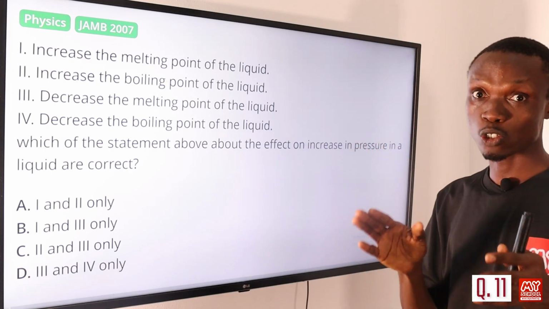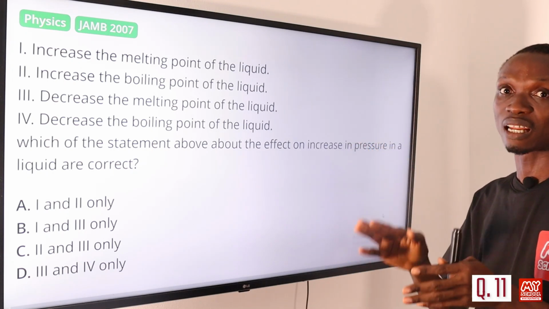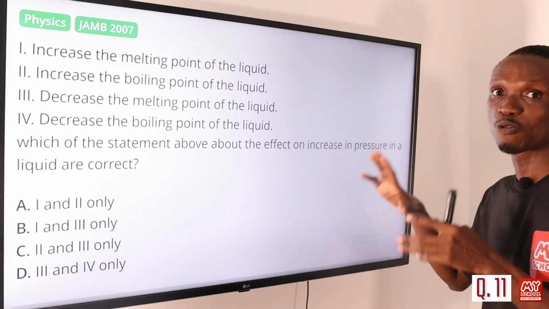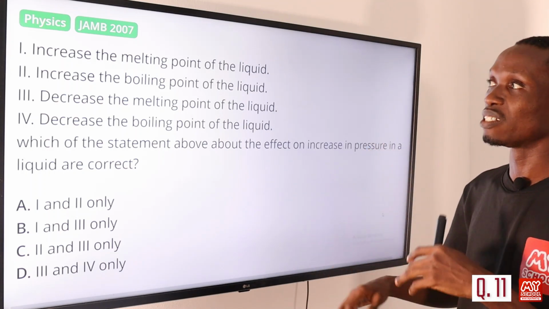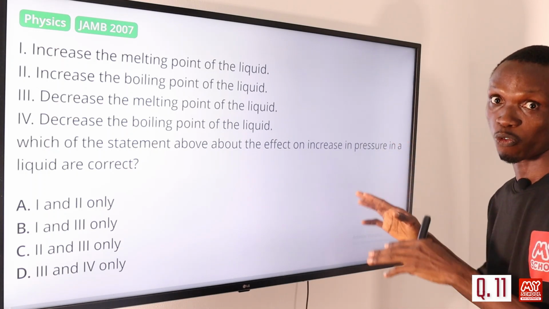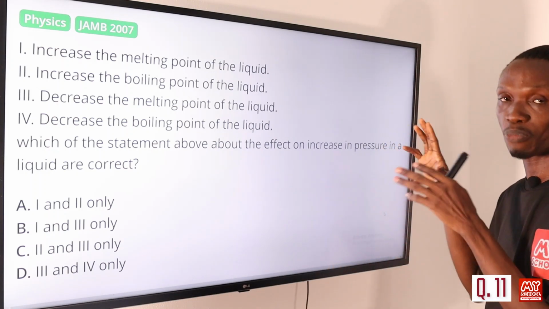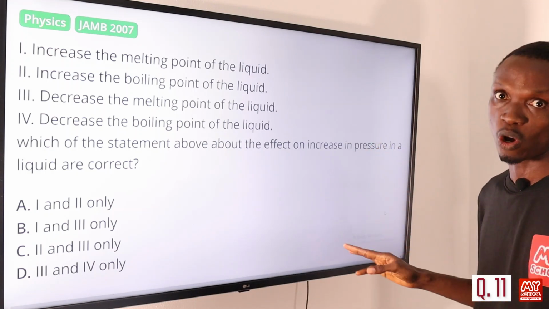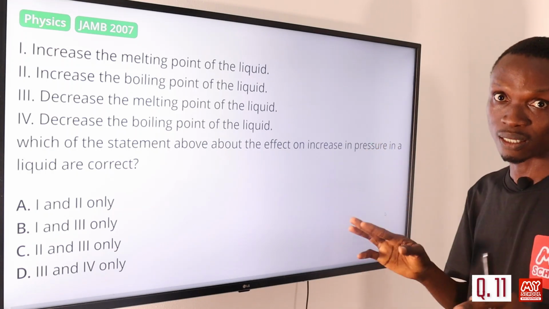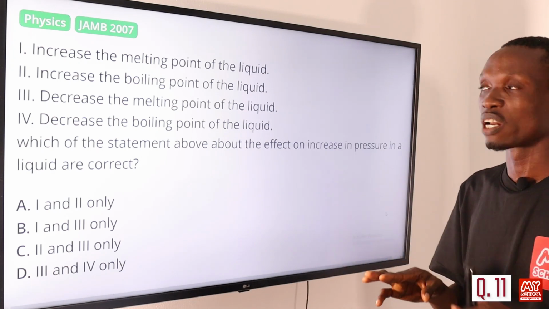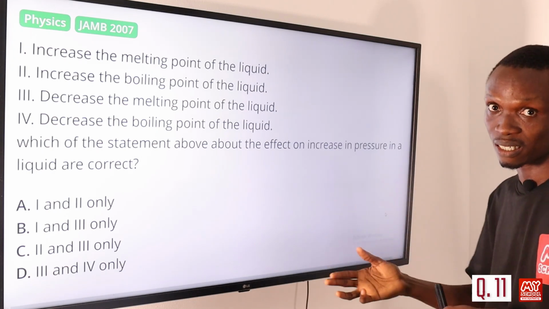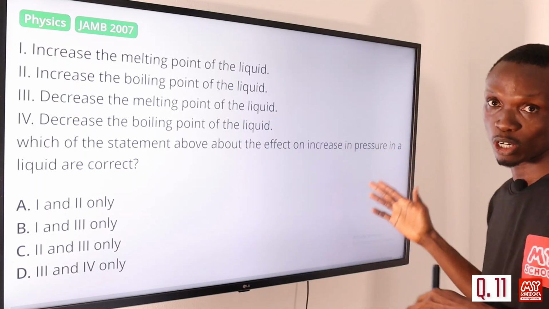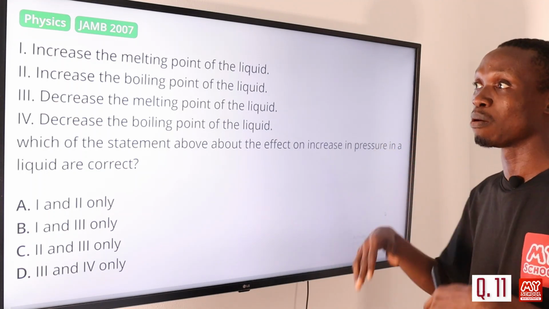For substances whose liquid phase volume is greater than the volume of the solid phase, an increase in pressure will lead to an increase in their melting point. While for substances whose volume is less in the liquid phase than in the solid phase, an increase in pressure will lead to a decrease in melting point.